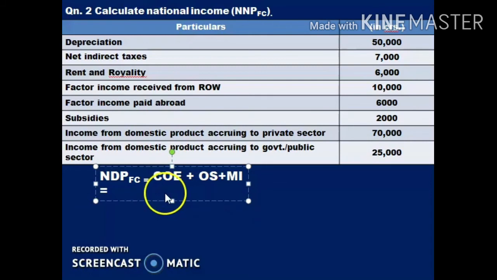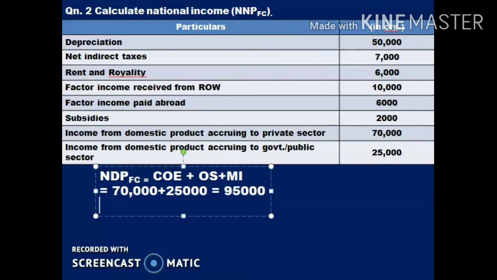You can just add these two and find the answer. If these terms are given, you can directly take them and calculate NDP-FC. Adding these two, you will get 95,000.